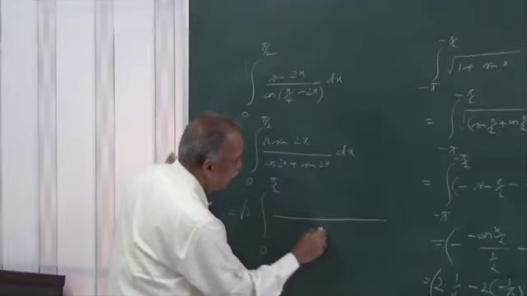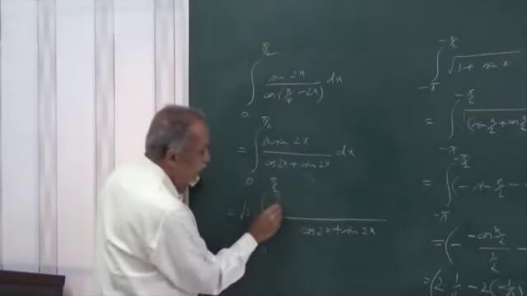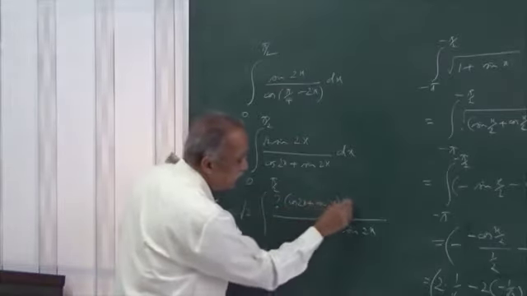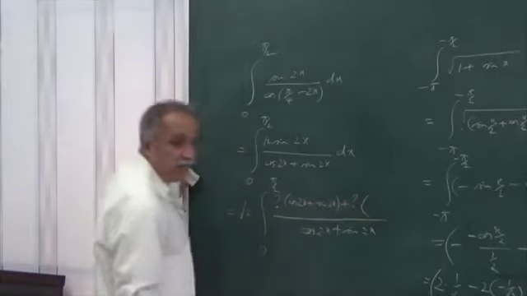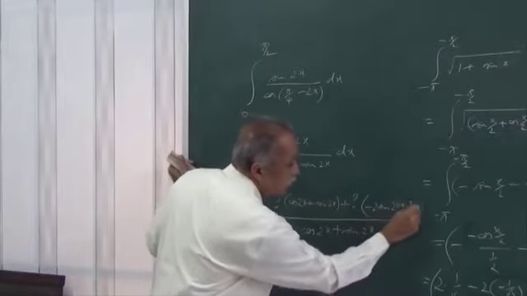Let me leave the denominator as it is and write the numerator as some constant into cos 2x plus sin 2x plus another constant into derivative of denominator, minus 2 sin 2x plus 2 cos 2x.